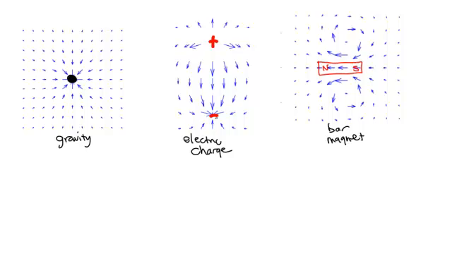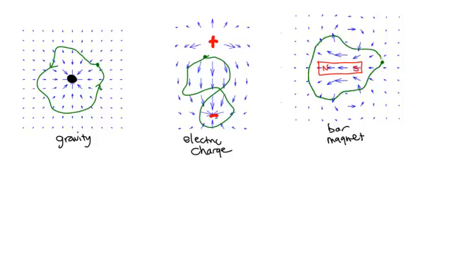Now, if we look back at the three essential vector fields that we were talking about in physics, the gravitational vector field, the electric charge vector field, or the magnetic vector field, there is a particular property that ends up being crucial in physics, and that property is that the amount of work it takes to move a particle along any path back to its starting point, no matter where you start and no matter what path you take, in any one of these fields is zero.